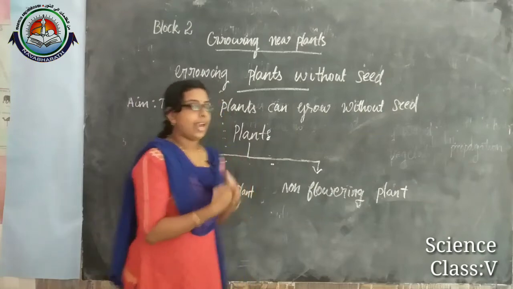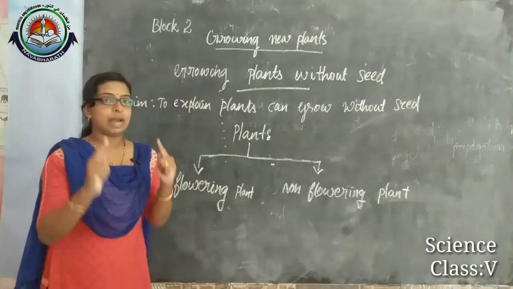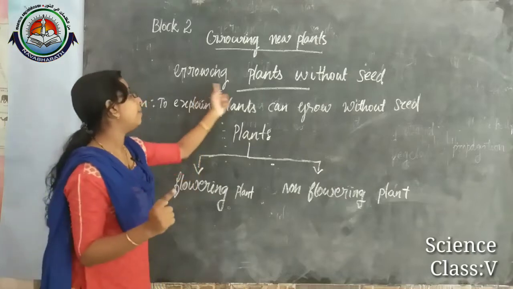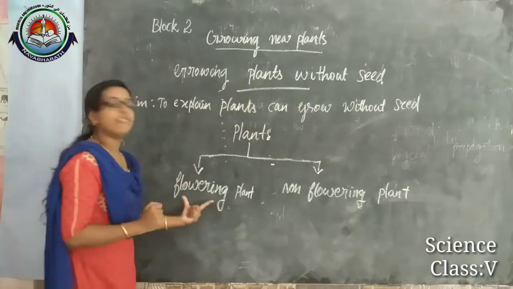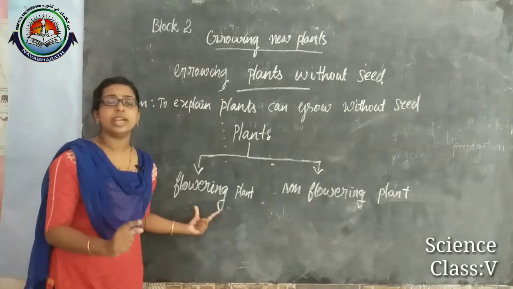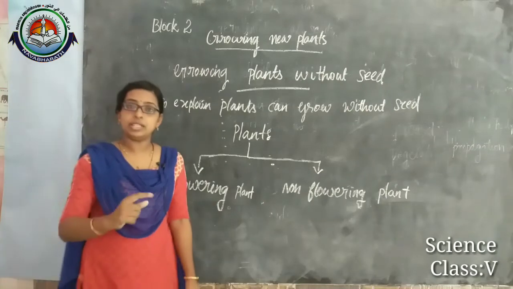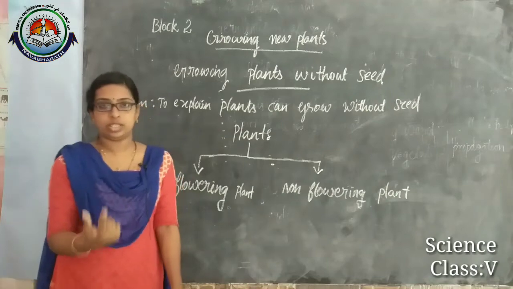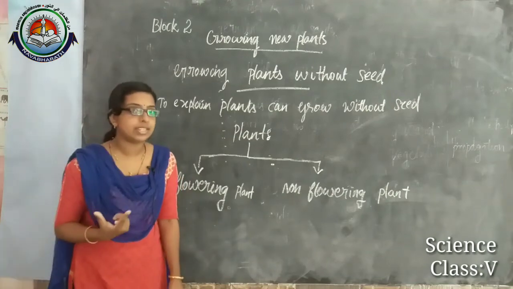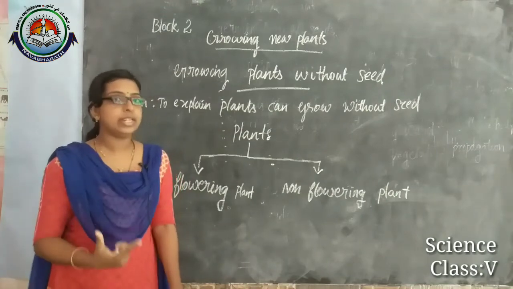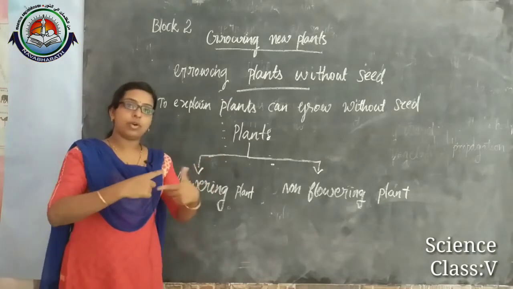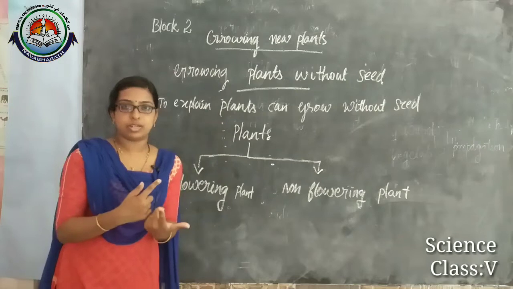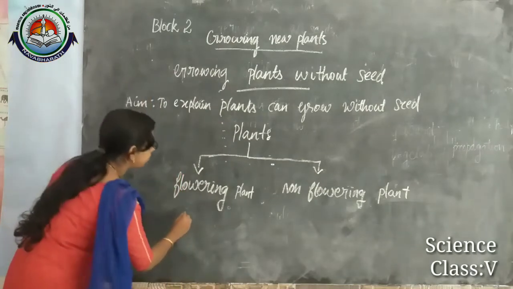Okay, and now I am going to clarify your doubt about how a plant can grow without seed. See here, flowering plants can produce the seed. As a result, that seed can produce the new plant.